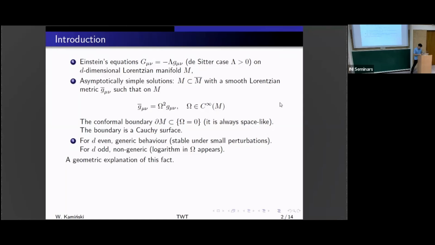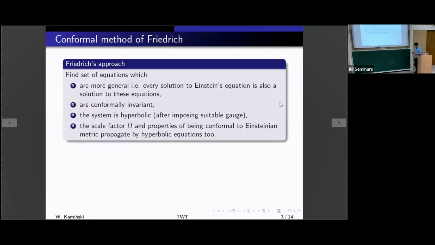We have already heard at this workshop that there is a method to deal with that. This method was invented in the 80s by Friedrich, and it consists of the following idea. Suppose that we find some new set of equations such that every solution to the Einstein equation is also a solution to this new set, like more general equations.